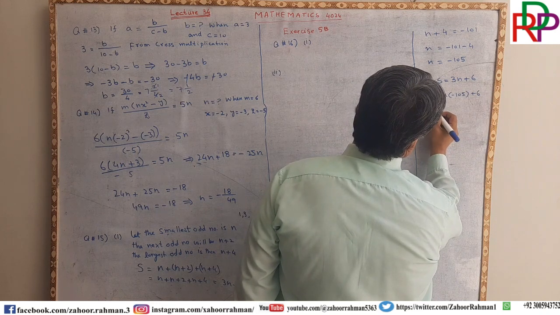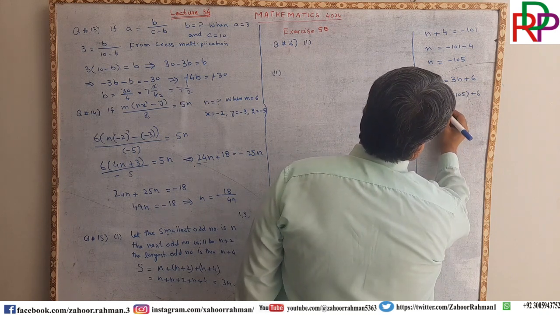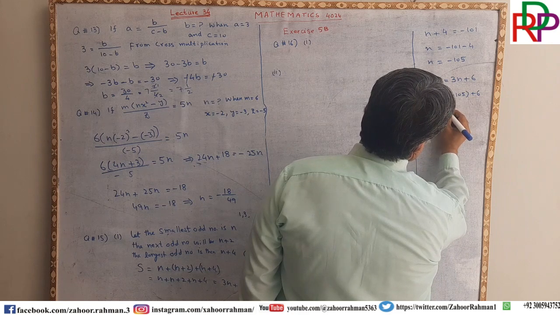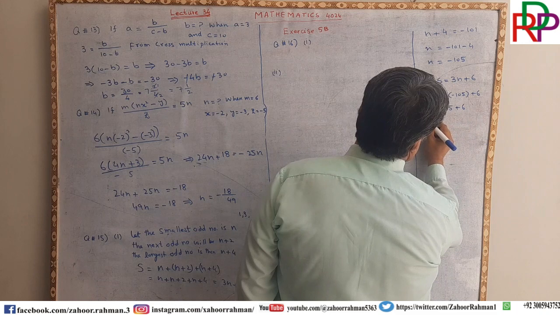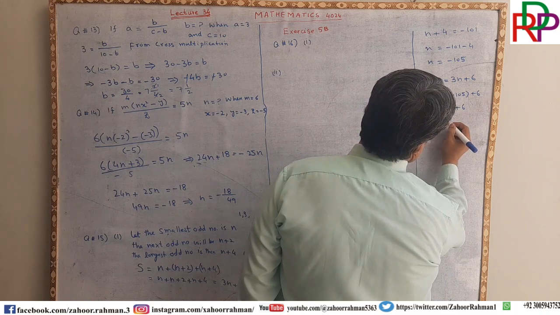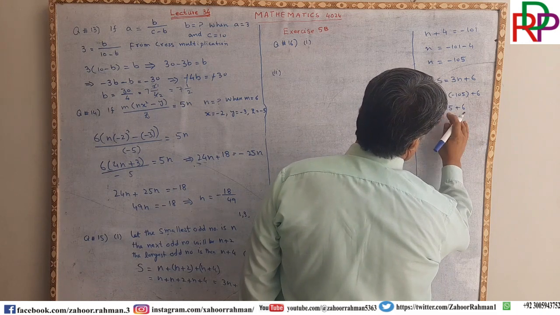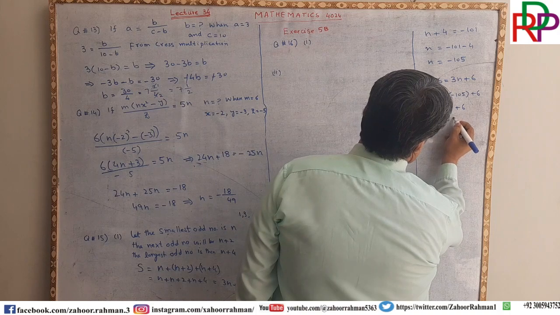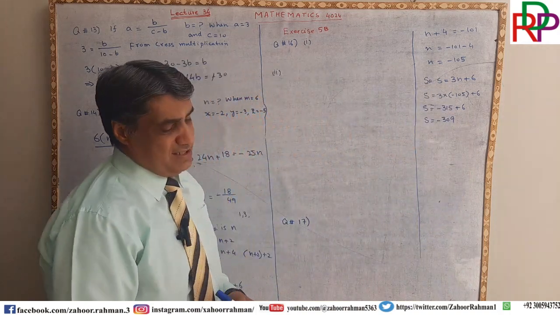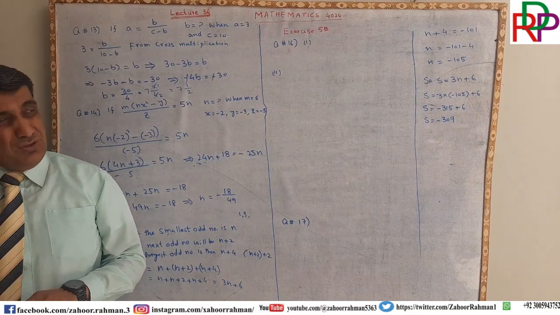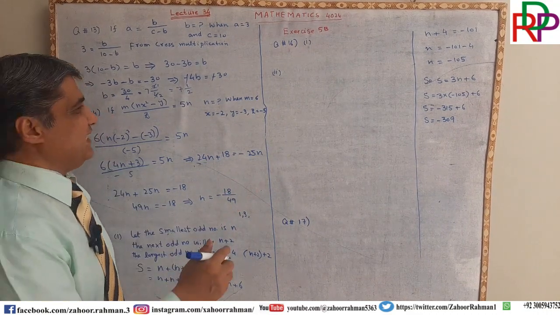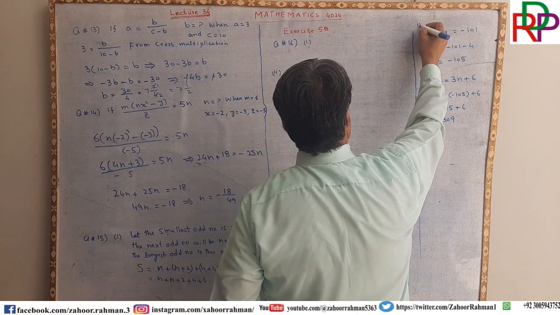So when multiplied, it will be minus 315 plus 6. So S is equal to minus 309. Minus 309 is the sum. So that was the second part of question number 15.